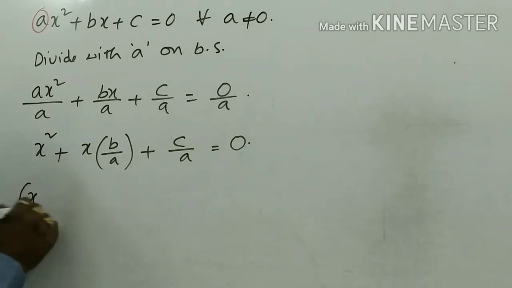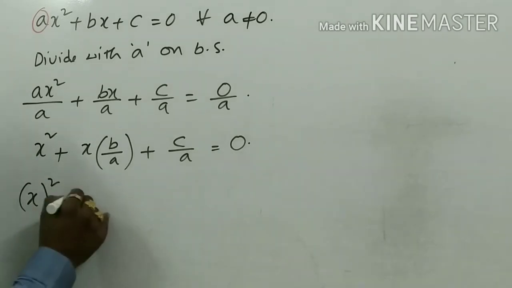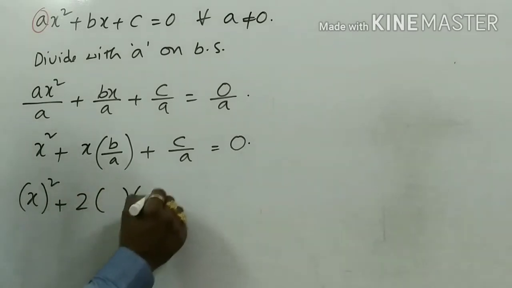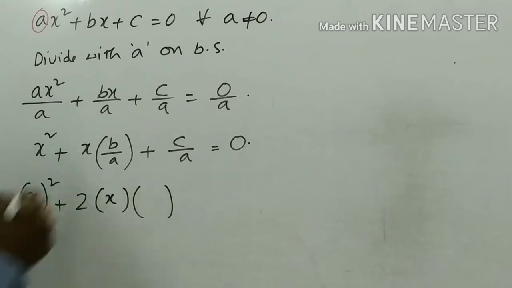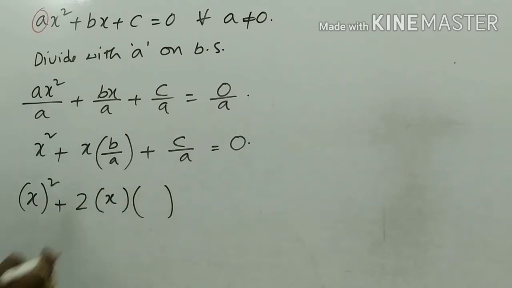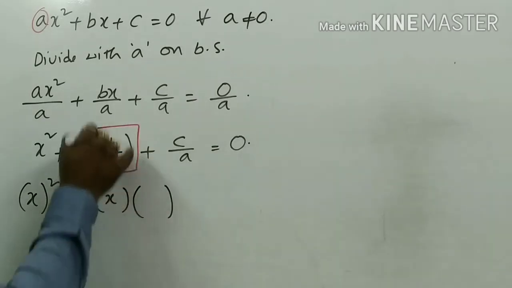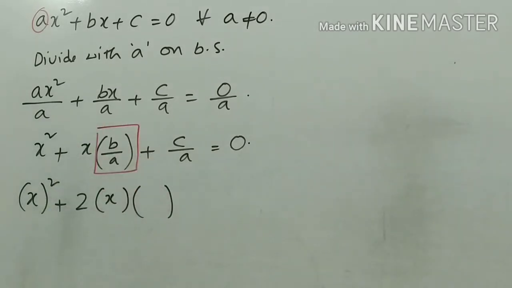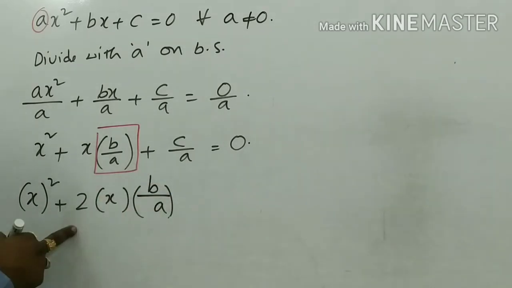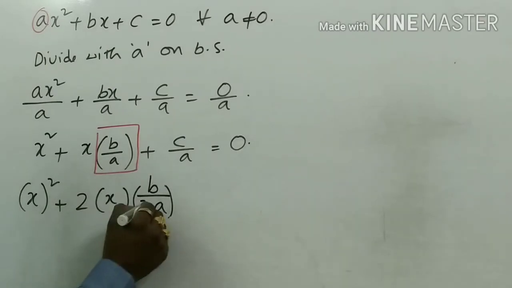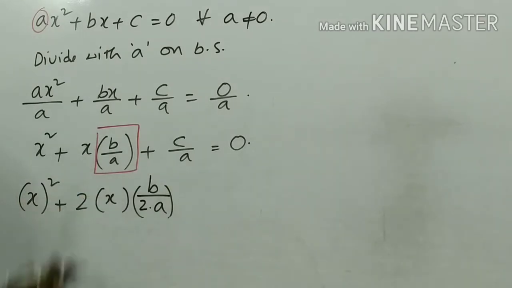That is a², and for the next term I want 2ab. Here a means compulsory x, where b should be b/a. But since I wrote an extra 2, I put 2a, then the 2 gets cancelled, so that is nothing but bx/a.